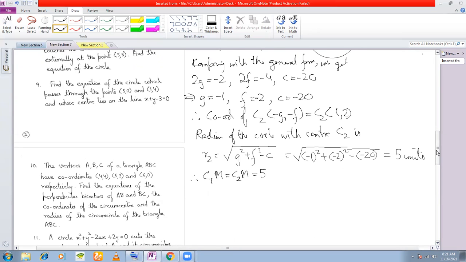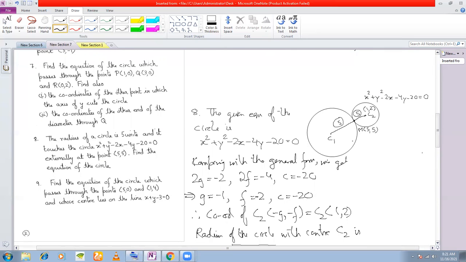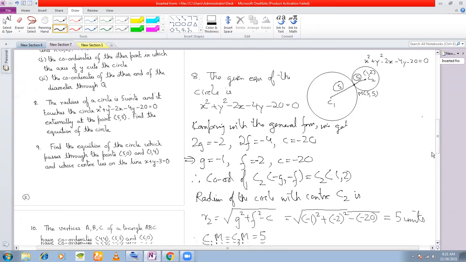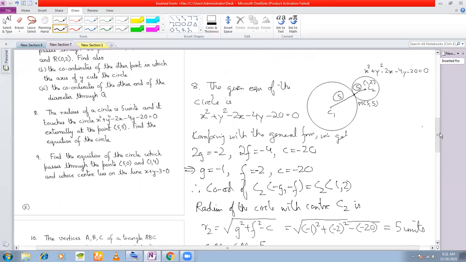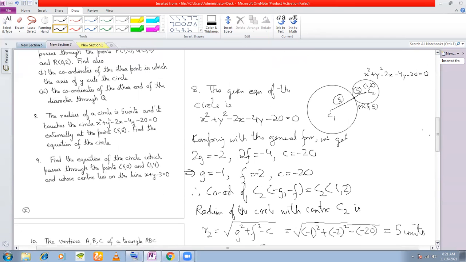So if both are equal to 5 units, then what can you say? Can you say M is the midpoint of C1C2? Yes, we can say. Therefore, M is the midpoint of C1C2. Now the question is to find the equation of the circle with center C1.